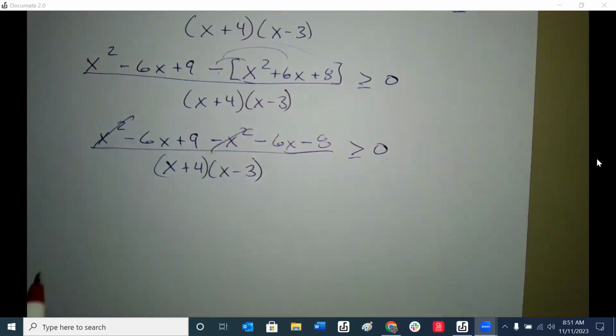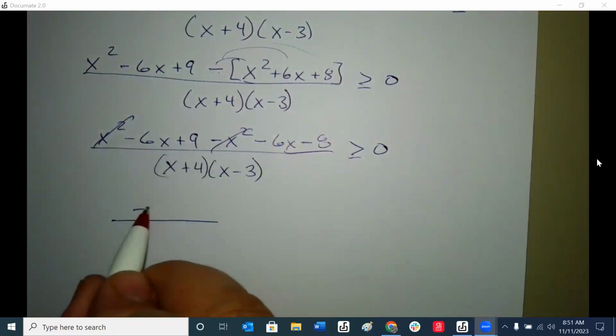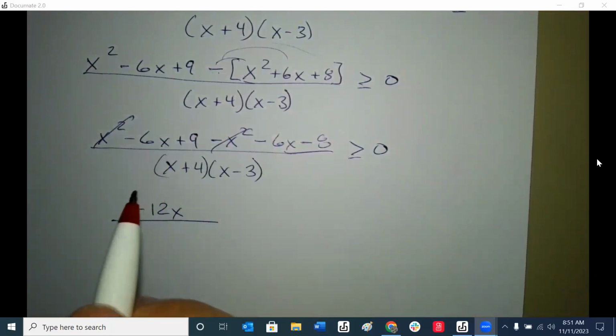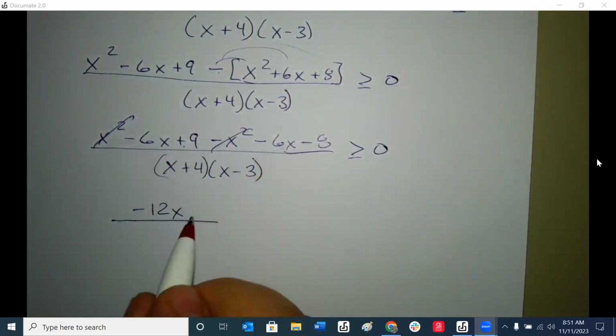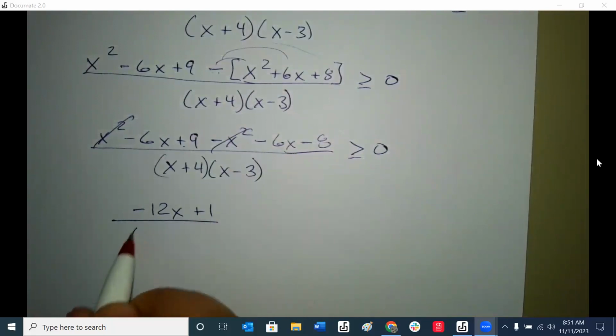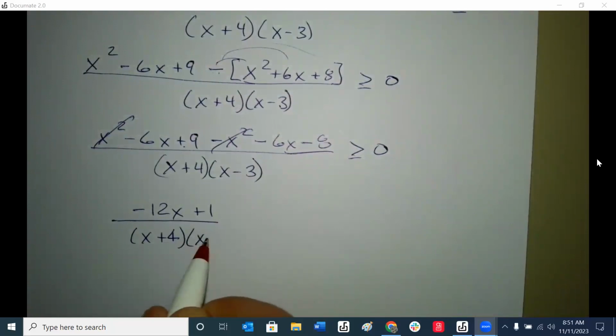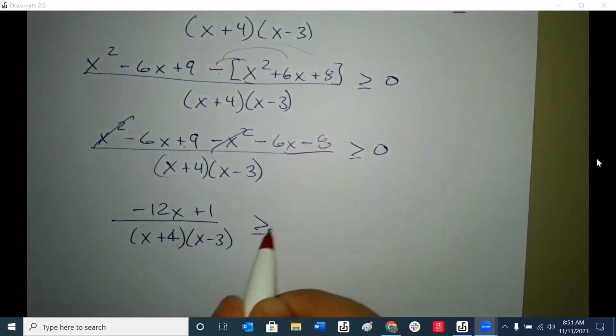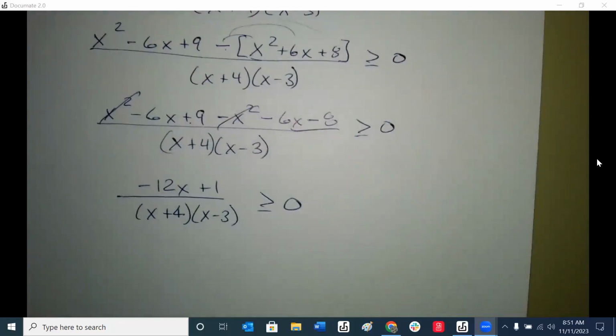The x squares cancel. Negative 6x is negative 12x. 9 minus 8 is positive 1. So we simplify those.